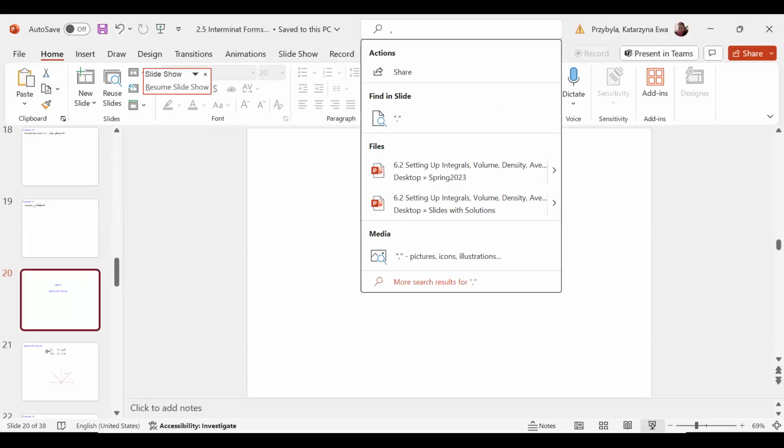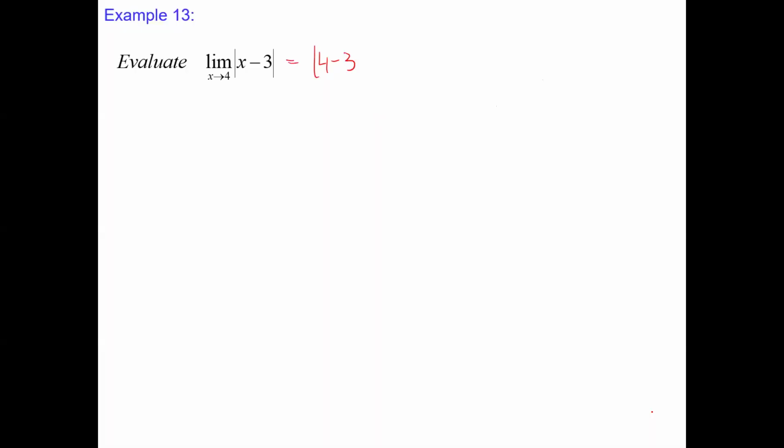Then we can just substitute: 4 minus 3 is 1, and the absolute value of 1 is 1.